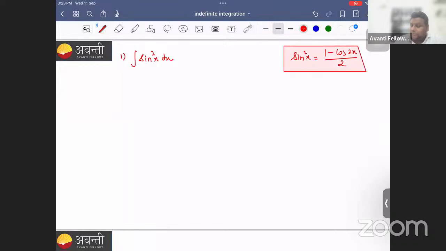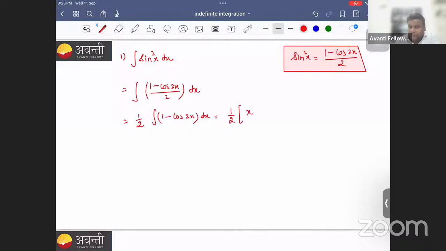So that is 1 minus cos 2x by 2 dx. Take 1 by 2 outside. Integration of 1 is x and integration of cos 2x is sine 2x by 2 plus constant. That's it.